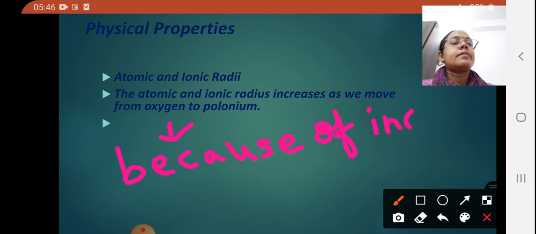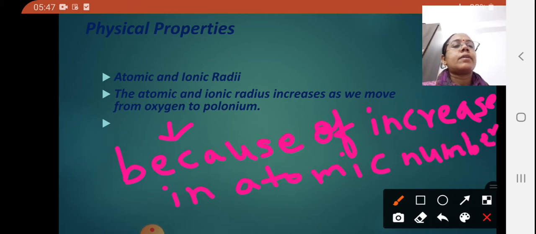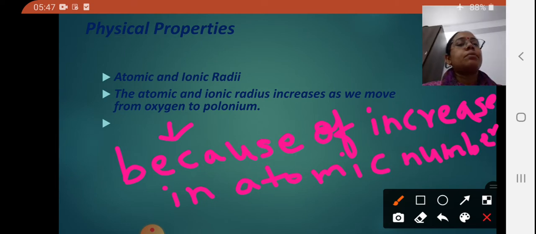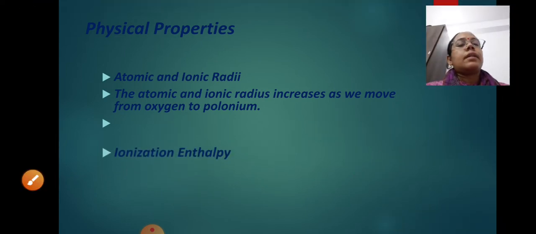Due to increase in the atomic number, the atomic and ionic radius increases as we move from oxygen to polonium. Now the next one is ionization enthalpy.